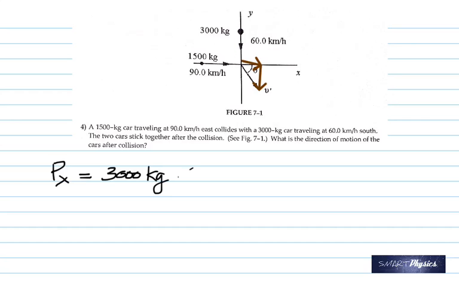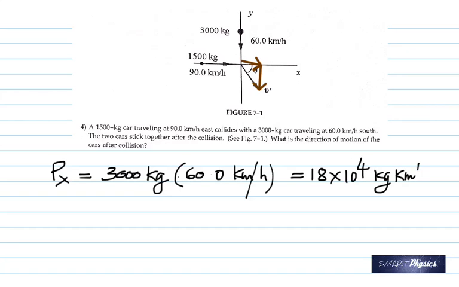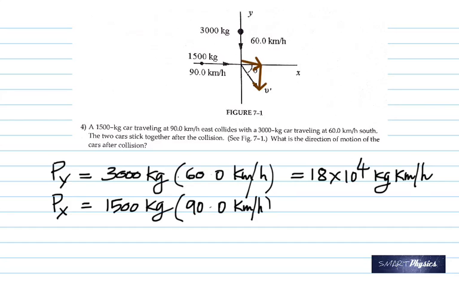The momentum along y is 3000 times 60, because momentum is mass times velocity, which gives 18 times 10 to the 4. And you know the unit is kilogram times kilometer per hour. That's actually py, sorry. And then px is 1500 times 90.